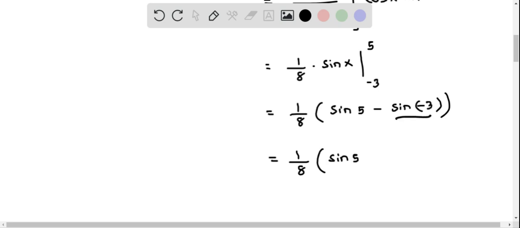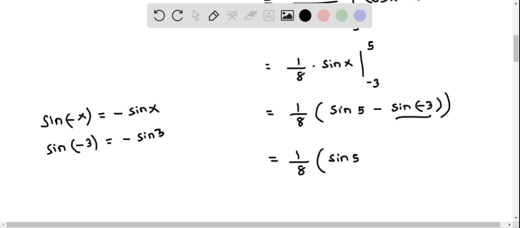Remember that sine of negative x, according to trigonometric properties, equals negative sine x. And so sine of negative 3 equals negative of sine 3.